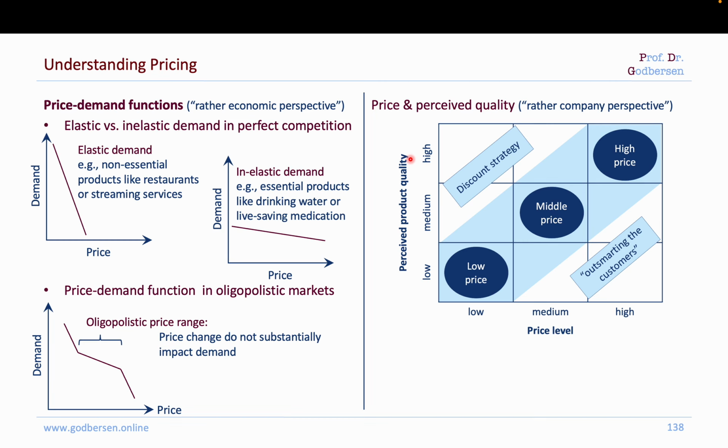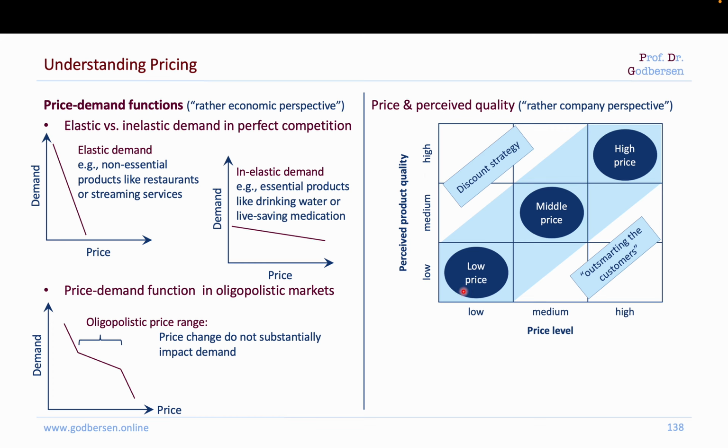Your options are normally, there might be always the odd one out, but normally they're very limited because people associate a low product quality with a low price. And people normally associate a medium product quality with a medium price. And again, a high price is normally associated with a high product quality.